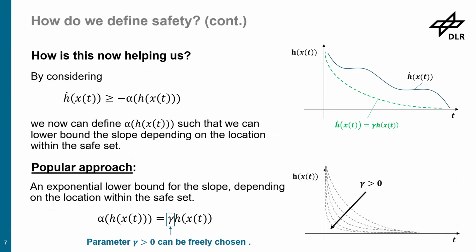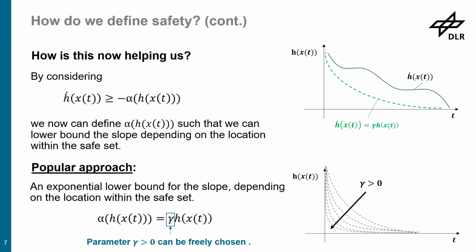The lower you get, the higher it gets like this, and this means you will start to intervene earlier down the line. So whenever you are trying to tune your CBF, you can always tune this parameter and change the behavior of how the system is rendered safe.